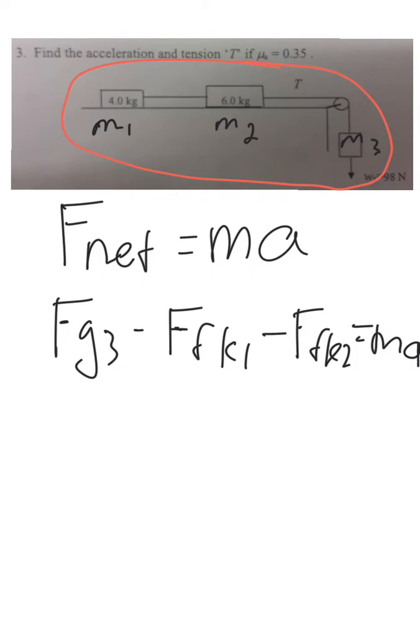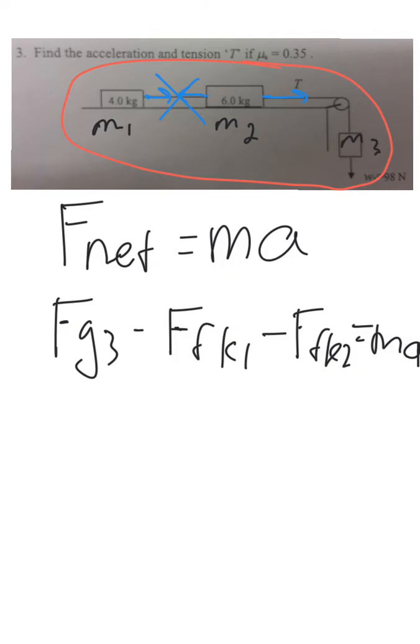So the tensions are internal forces. What that means is that tension 1 is pulling mass 1 to the right, but for mass 2, tension 1 is pulling it to the left. So it kind of cancels out. The same thing happens for tension 2.